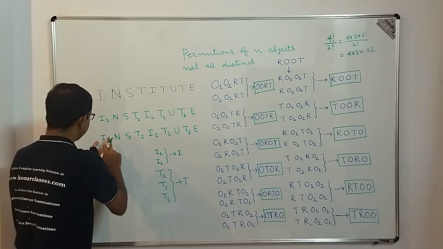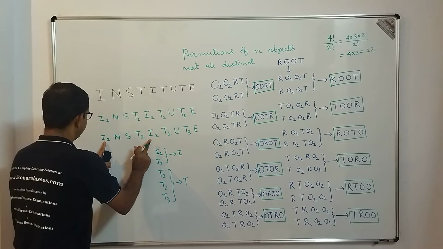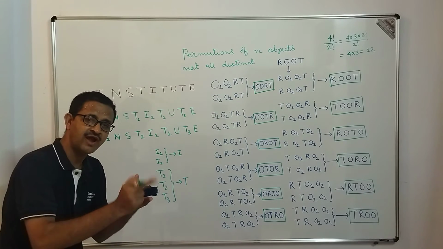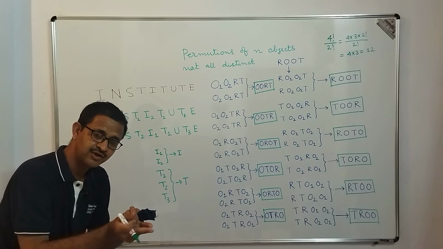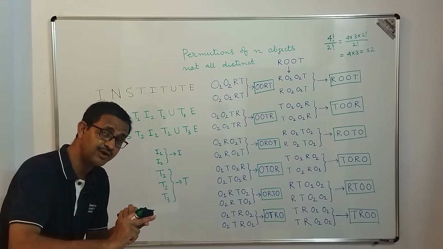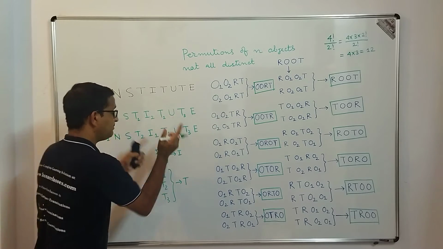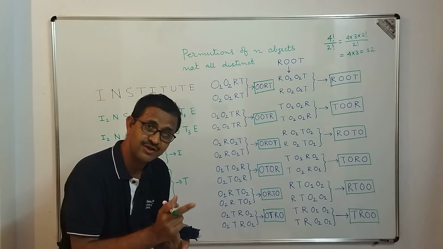In a similar manner, I1 and I2 can be permuted in factorial 2 ways. Now for each of these factorial 2 ways, T1, T2 and T3 can be permuted among themselves in factorial 3 ways.